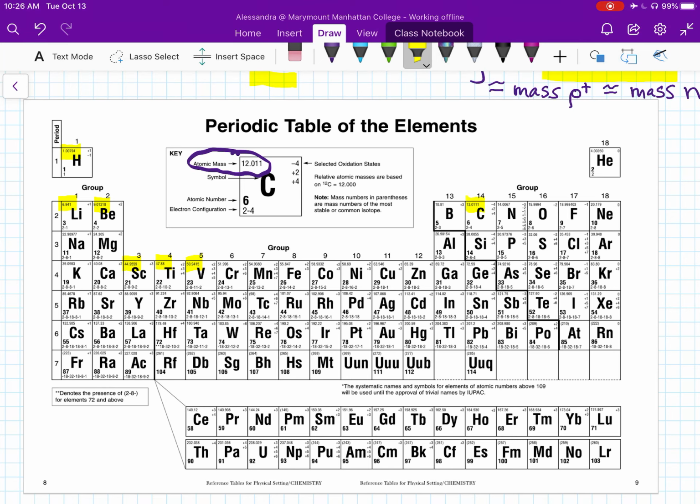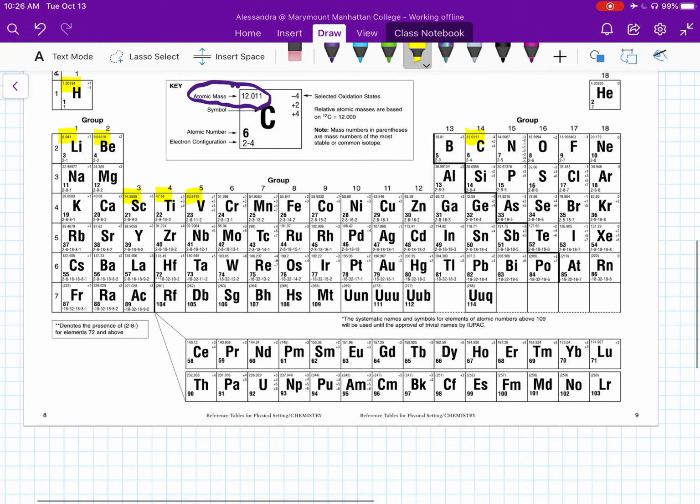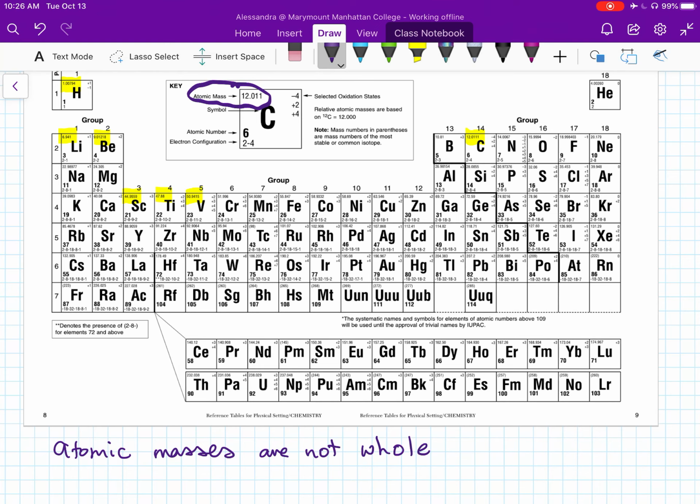So the atomic masses on the periodic table are not whole numbers. And we talked about this when we first started talking about chemistry, but I want to draw your attention to why for our first stoichiometric calculation. Atomic masses are not whole numbers. Why? I'll give you a moment to think about why not.